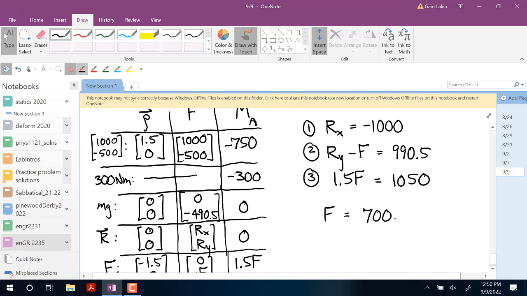I should have known that. 700 newtons for F, and then R is negative 1,000 for X, and 1690.5 for Y. Is that right?